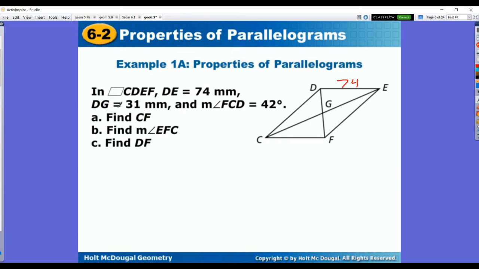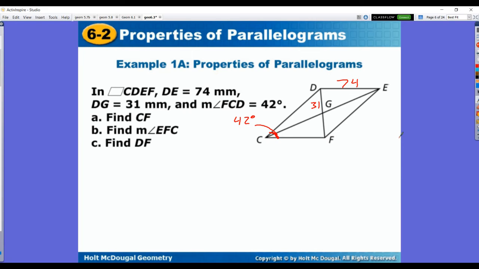We're also told that DG is 31 millimeters, so here we have DG. We can label that as well. And the last piece of information we have is angle FCD. So this angle right here is 42 degrees. This whole entire angle is 42 degrees.